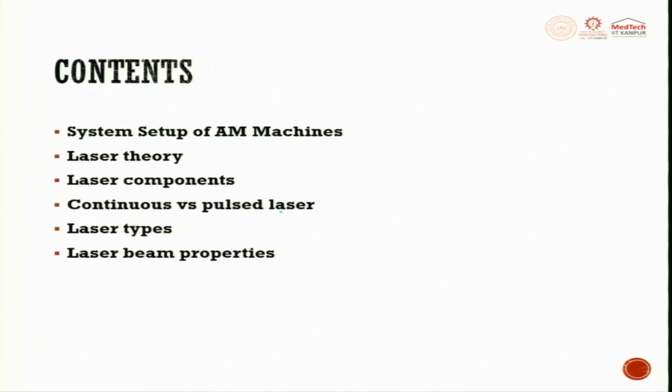Now, we will try to see various lasers. In this, we will see solid state laser, gaseous laser, fiber laser, and how they work. In this chapter, finally, we will see some of the laser beam properties.